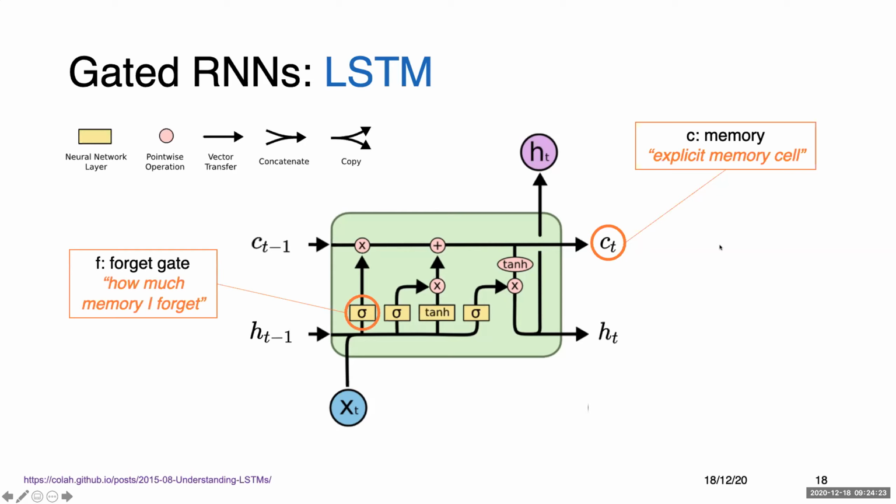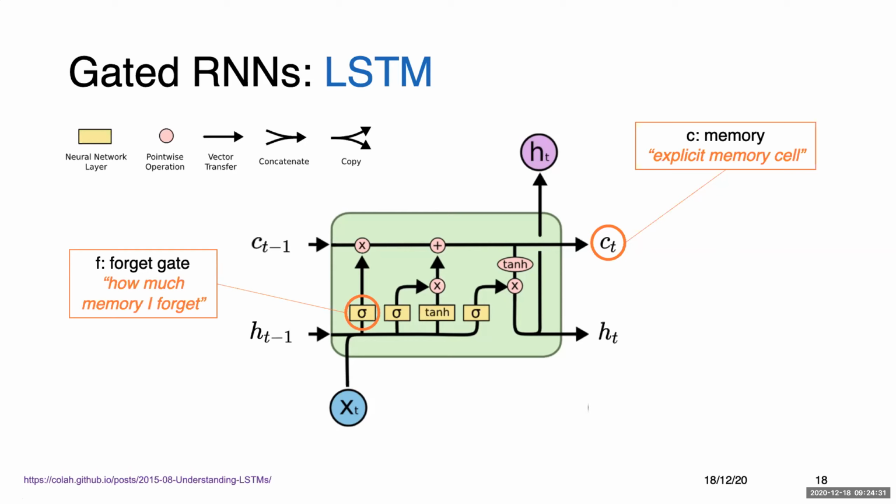And we also are gonna have three different gates. So the gates are mechanisms to let the network understand how to use the memory. So we have a forget gate, which is a way to say how much memory I forget.